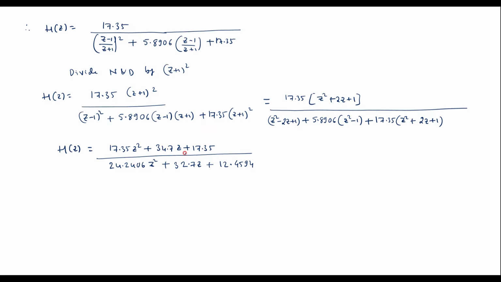So now we'll try to represent this in standard form. To represent H of z in standard form, divide numerator and denominator by 24.2406 z square.